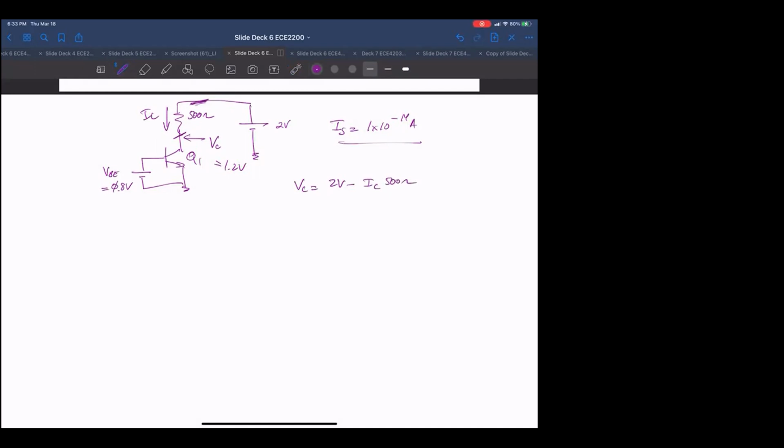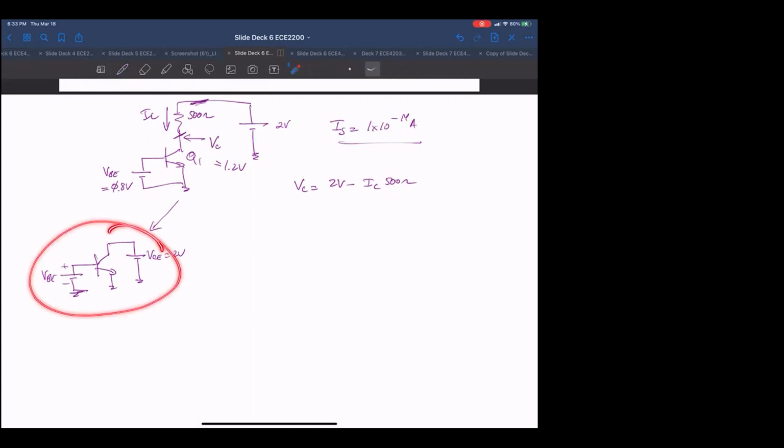Does that make sense? What you were saying would have been true if I had drawn it like this, like I have been doing. Sorry, trying to deceive you guys. If I'd drawn it like this, then the delta would have been 1.2 between this and this.